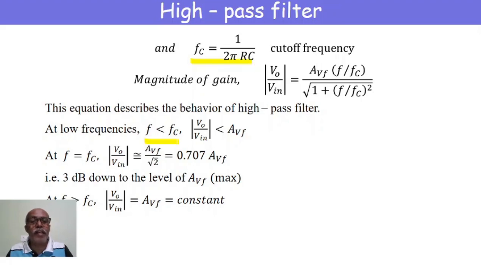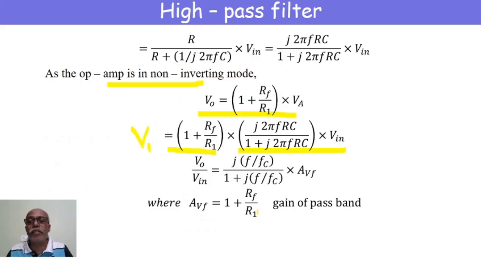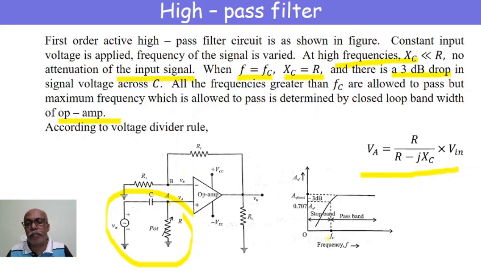When f is less than Fc, that is, the applied frequency is less than the cutoff frequency, the magnitude of gain V0 by Vn is less than AVF. At f equals Fc, V0 by Vn is 0.707 AVF. And when f is greater than Fc, V0 by Vn is nearly equal to AVF, which is a constant. This variation is shown in this diagram.